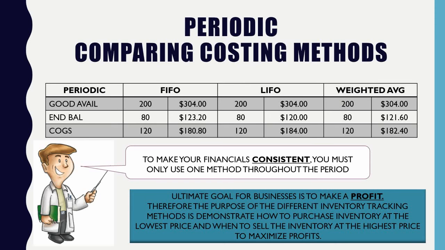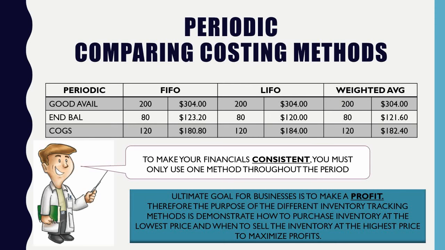That will all depend on what kind of item you sell in your store. If you sell groceries, your best bet is to use FIFO, because you definitely want to make sure that you sell out your first batches of inventory first. LIFO and weighted average can vary depending on the item.